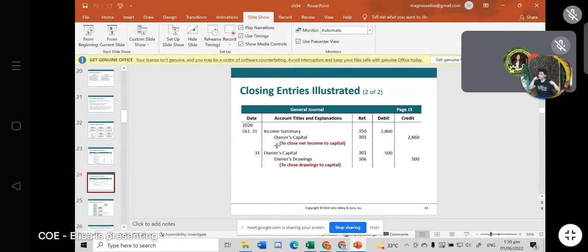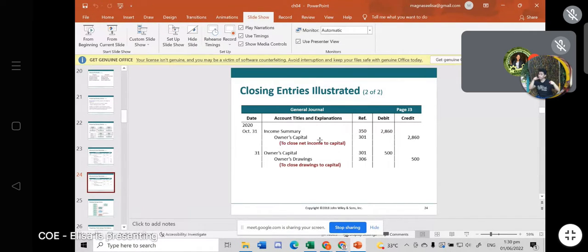We debit income summary and then we credit capital. If it is a loss, we debit owner's capital and then we credit income summary account.